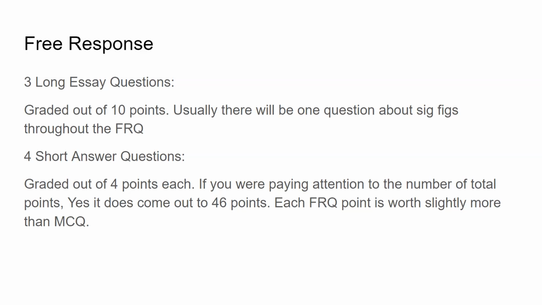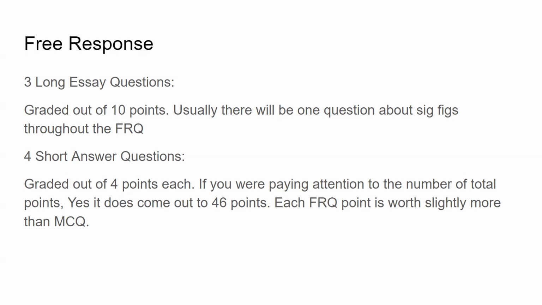You want to mention these terms just so you get the point. Even if it makes sense without it, the graders are there to give you the point if they see what they want to see. So make sure you write down anything you think might be on the rubric. If it's PV = nRT, the ideal gas law, or the Henderson-Hasselbalch equation, or one of the other equations given to you on your handout sheet, just make sure to write it down to get those points.